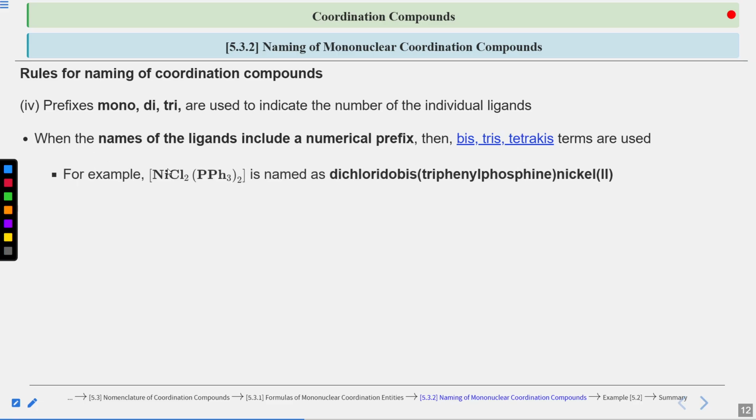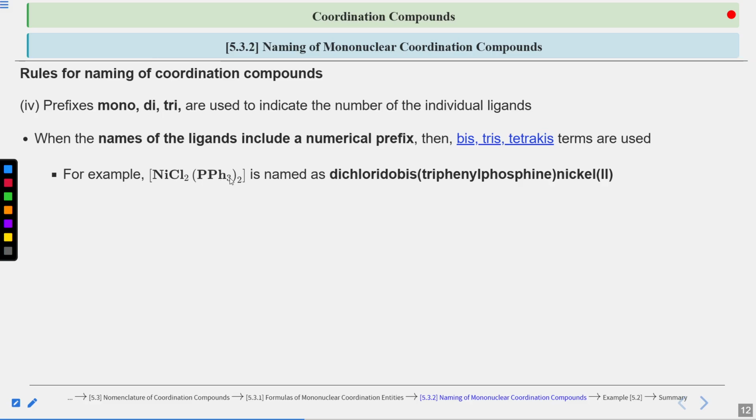For example, NiCl2(PPh3)2. This is a complex. This is the coordination sphere enclosed in the square bracket. Here nickel is the central atom, chlorine is a ligand, and PPh3, which is triphenylphosphine, is a ligand.